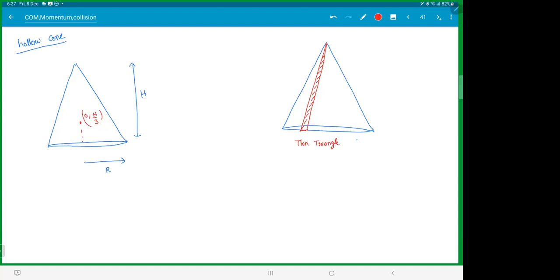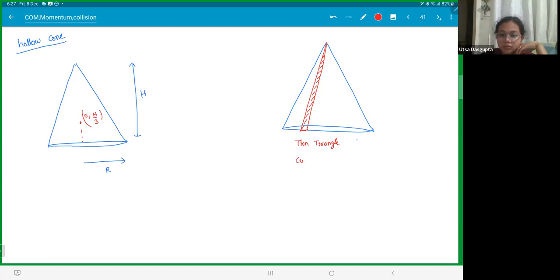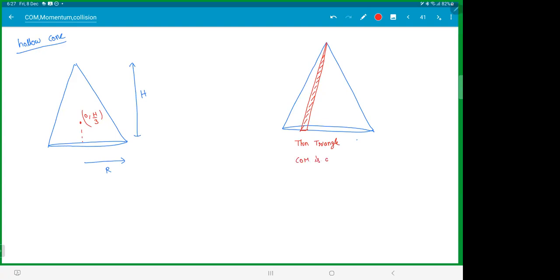For a triangle, what is the center of mass? Centroid. So center of mass is at the centroid. That means it will be somewhere here. So if this total length was L, this point would be at L by 3.